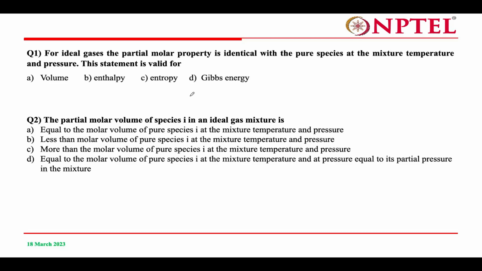So here the properties are given. The volume of an ideal gas V equal to RT by P, right? The partial molar property Vi^ig is the derivative of nV^ig with respect to ni at constant P, T and nj, right? Put this value here.